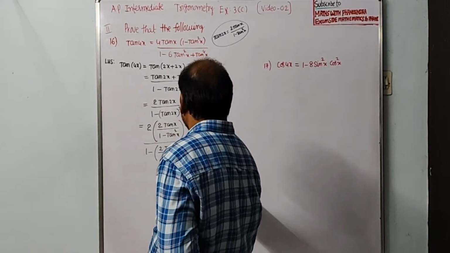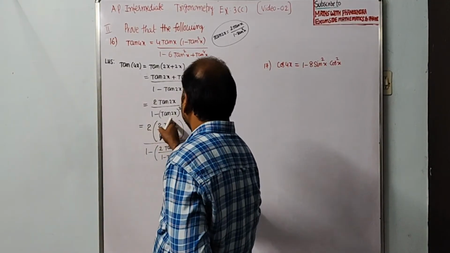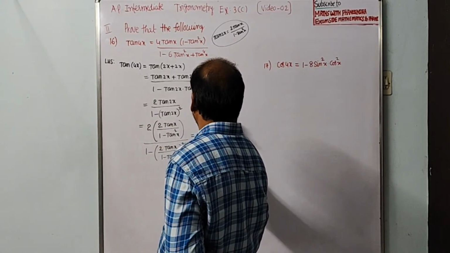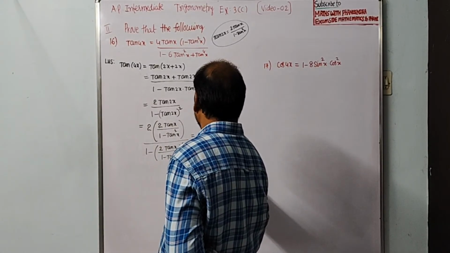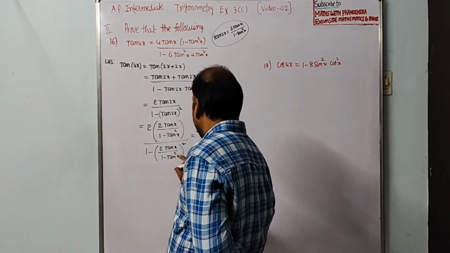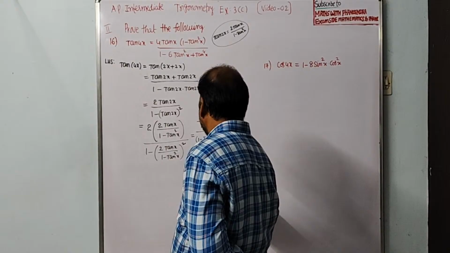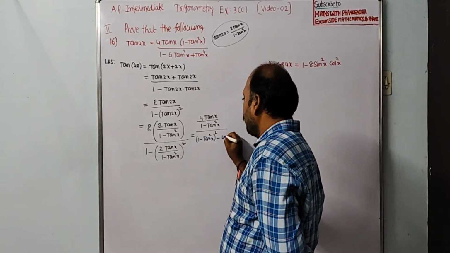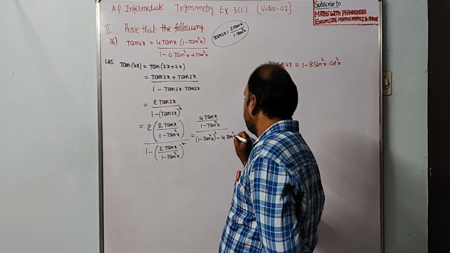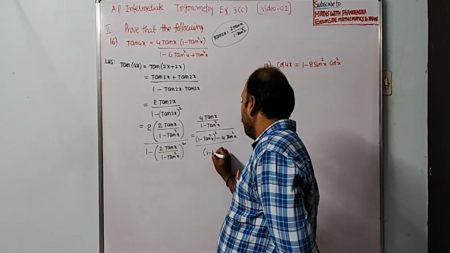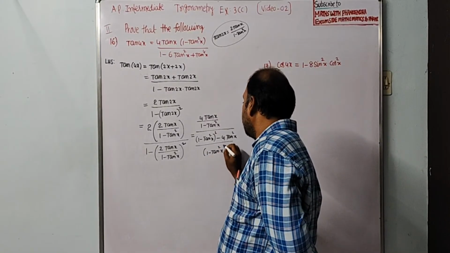Now simplification. 2 into 2, 4. 4 tan x divided by 1 minus tan square x, divided by (1 minus tan square x) whole square minus 4 tan square x, whole divided by (1 minus tan square x) whole square.